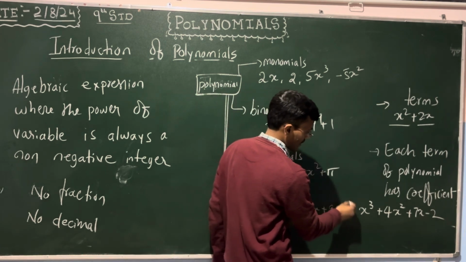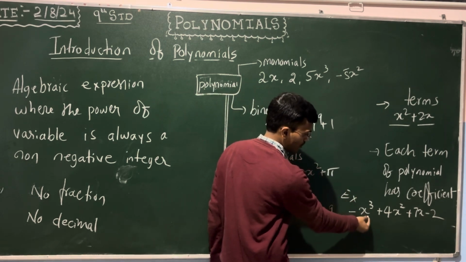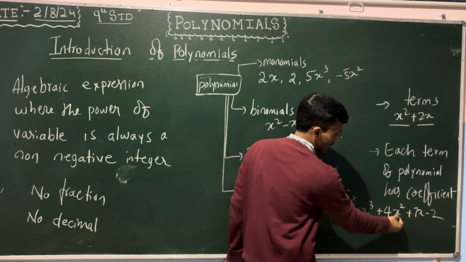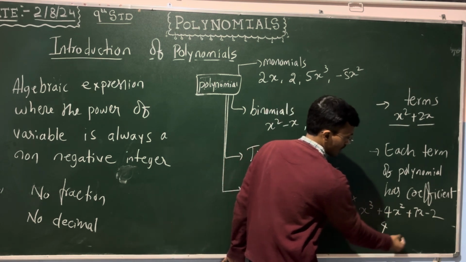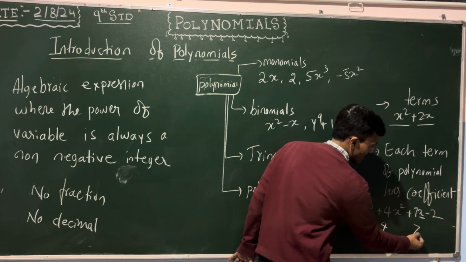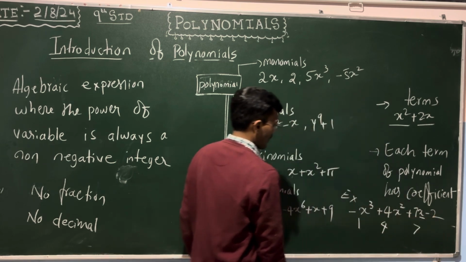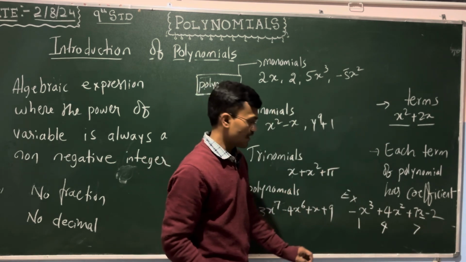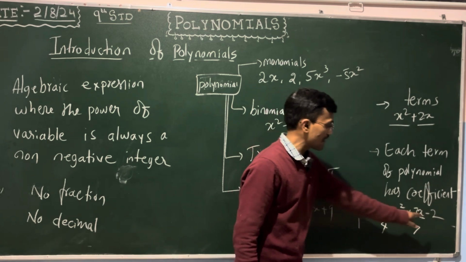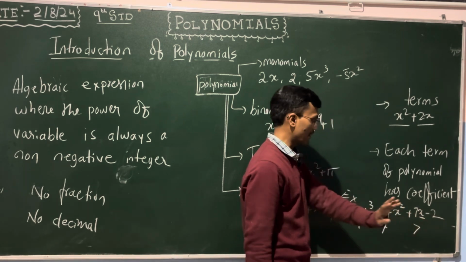For example, x cube has coefficient 1, x square coefficient is 4, and x coefficient is 7 and 2. These are the coefficients.